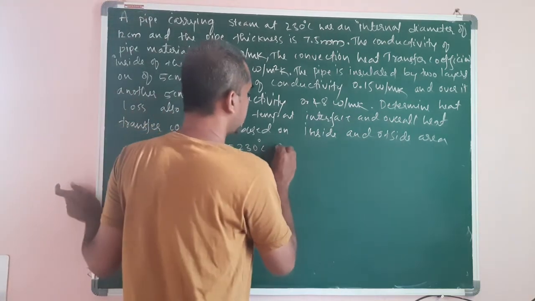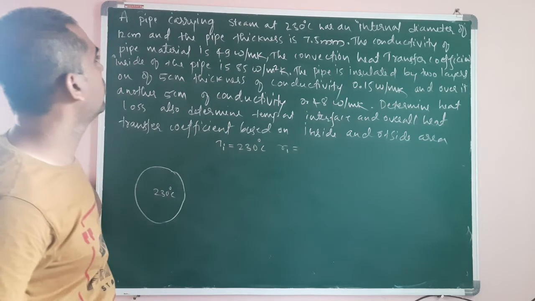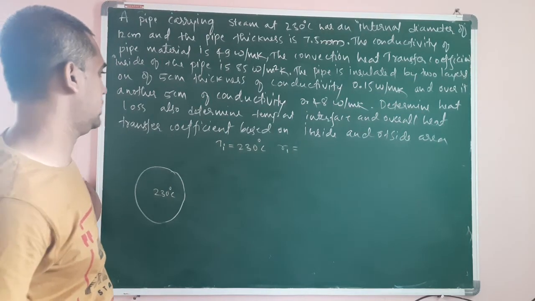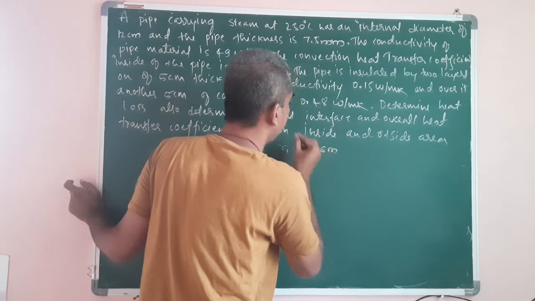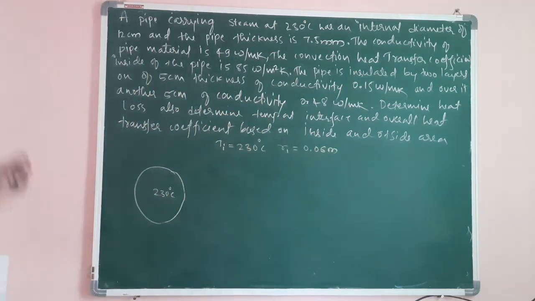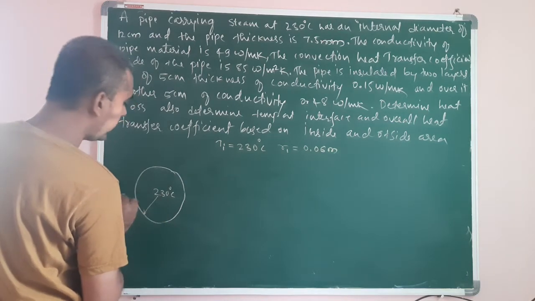If I take its radius R1, 12 divided by 2 means it will be 6 centimeter, that is 0.06 meter, or 60 mm. The pipe thickness is 7.5 mm.